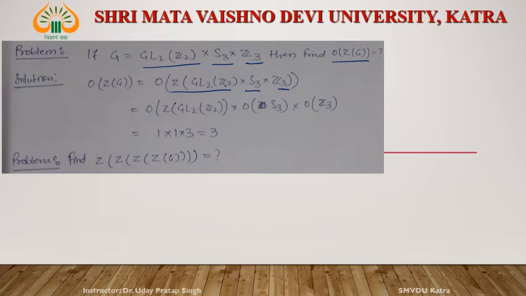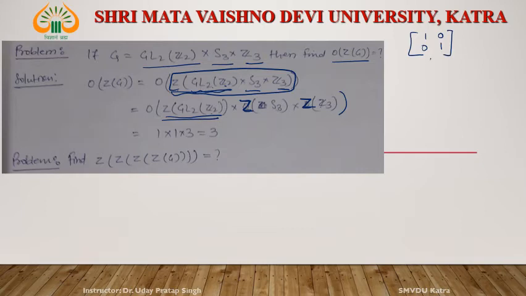By using the above theorem, this can be written as the center of GL2(Z2) cross the center of S3 cross the center of Z3. Now what is the center of GL2(Z2)? Only one element satisfies the commutative law with the other elements, that is the identity. Then the order of this one is 1.